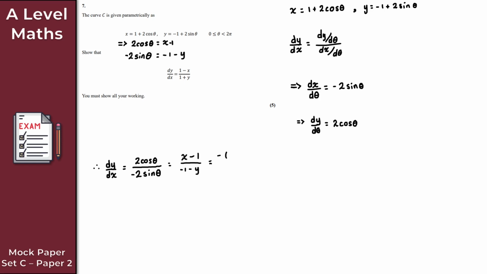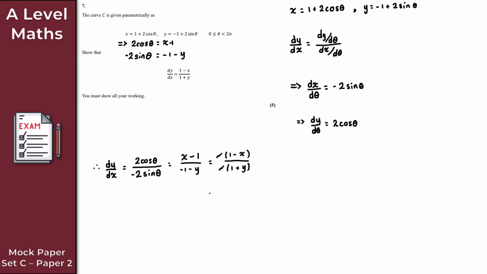So I get 1 minus x, all over, doing the same with the denominator, the signs will just flip. We get 1 plus y. Okay. And because I've got minus over a minus here, the minuses will just cancel.